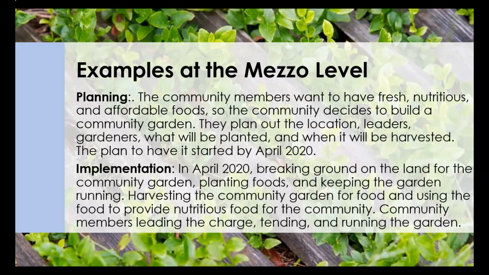What? Planting foods, keeping the garden running, harvesting the community garden for food and using the food to provide nutrition for the community. Community members leading the charge, who. Tending and running the garden, how. April 2020 is the when. Okay.